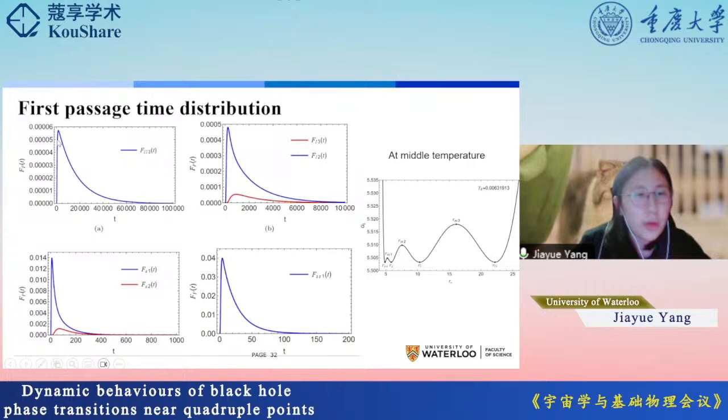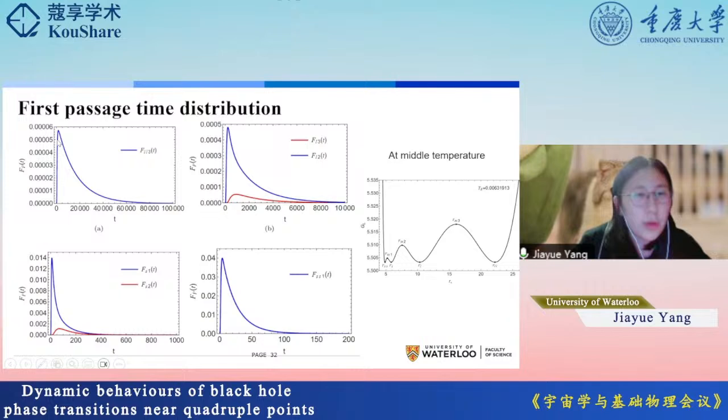As we can see, for these four diagrams, this one is the initial largest black hole, this is the initial small black hole, and this is the smallest black hole. From the largest black hole to the smallest black hole, the characteristic time becomes lower and lower.